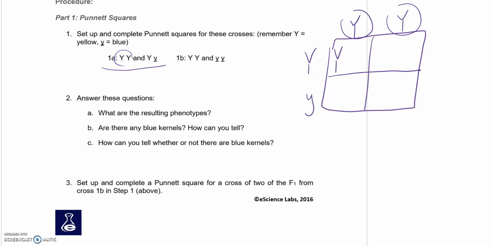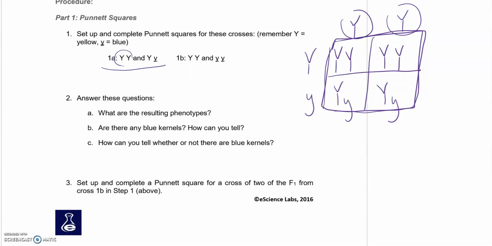So then we just fill in, carry this across, carry these down. Okay, and this would be what's represented inside the Punnett square. First of all, it tells us what are the possible genotypes for the offspring, and then it also tells us what the probability is.